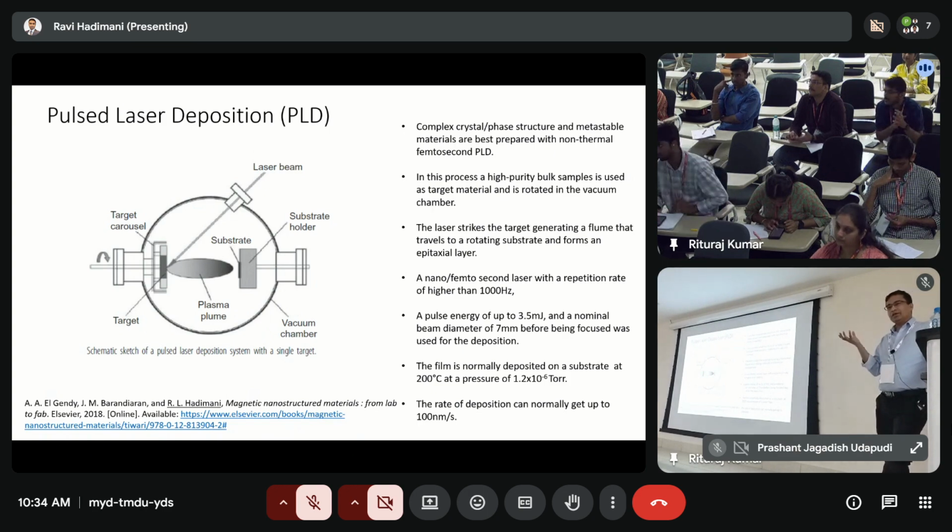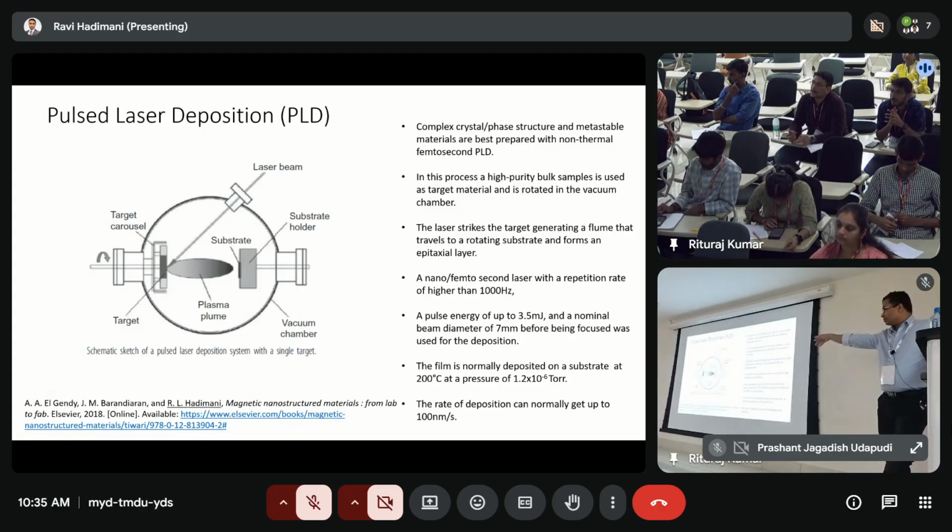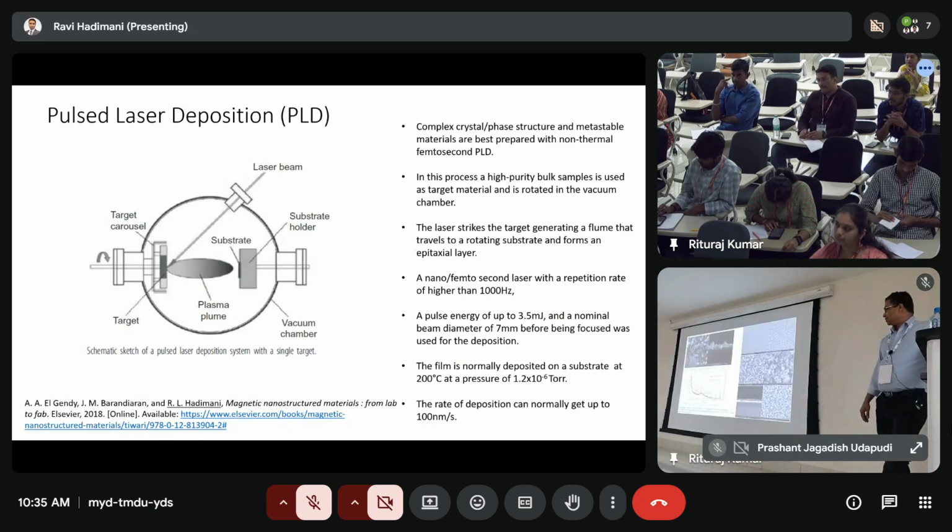You can get it in bulk form, but in thin film, nobody had deposited the giant magnetocaloric material. And I was able to do that using femtosecond laser. That's the cool feature of femtosecond laser deposition.